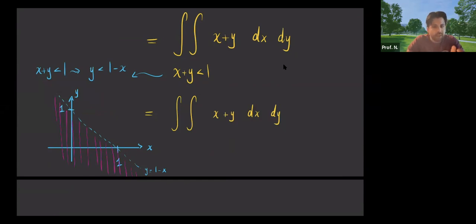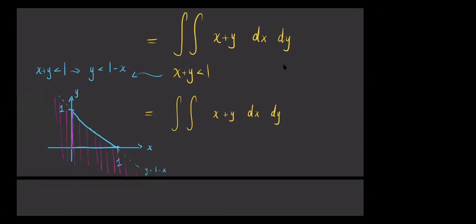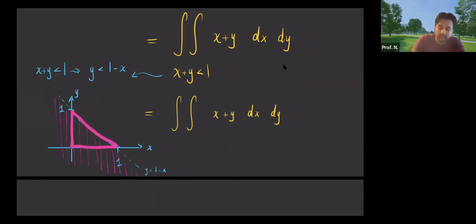How do we do that? How do we integrate over this region? Does anybody remember how to do this? I'm just considering this region here. This is the only region that I'm considering. I can integrate from 0 to 1 minus x. Well, it depends, right?